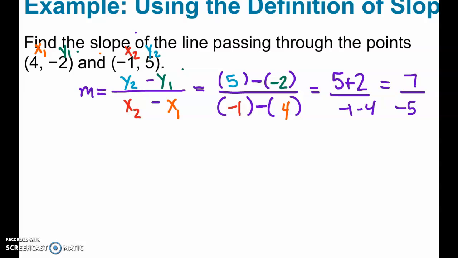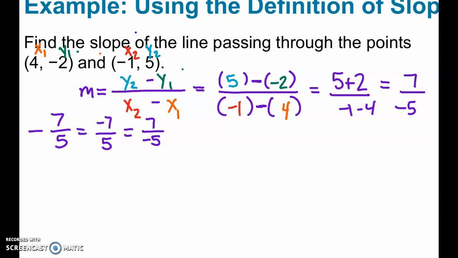Now you may say to me, is this okay to write as 7 over negative 5? Well, technically, you would want to write it like this, the opposite of 7 over 5. But it is the same as if you look at the ratio of negative 7 over 5, that is the same as this. And likewise, so is this. So all three of these mean the same thing.